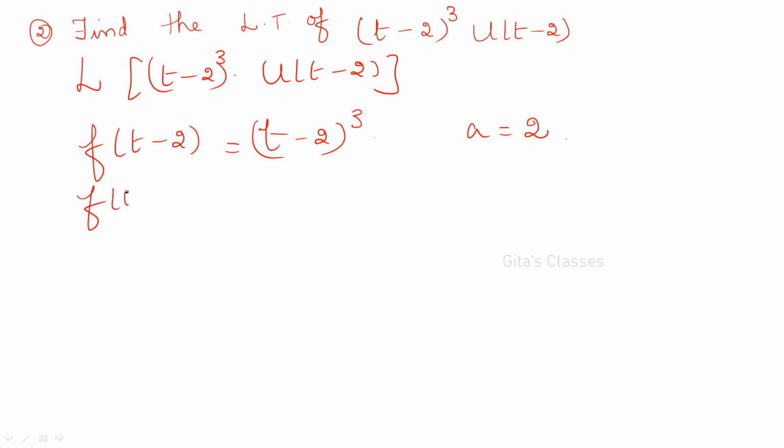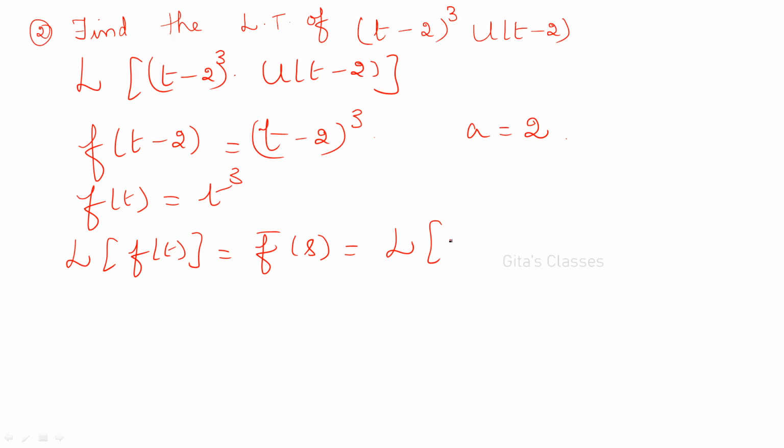So what is our f of t? It is t cube. In the place of t minus 2, just replace it by t. So f of t is equal to t cube, means L of f of t, that is our f bar of s, is equal to L of t cube, right? So that is 3 factorial by s power 4, or 6 by s power 4.